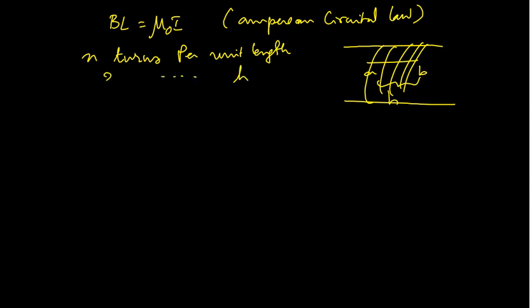By the unitary method, you will have nh turns, isn't it? So you will have nh turns for the length L.